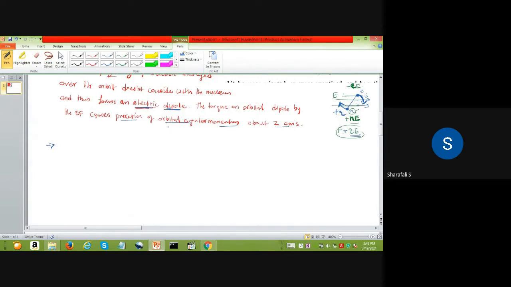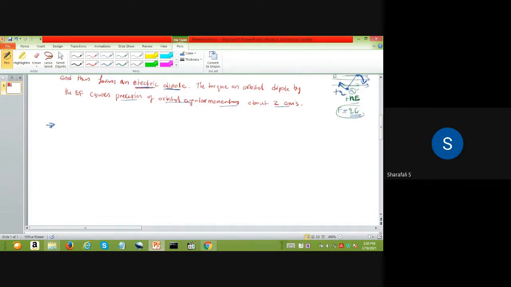The orbital angular momentum L is not a constant, hence it is not a good quantum number to measure physical quantities. But the projection of L on the electric field axis, the z-axis, that is Lz, is given by ML h-bar, and this ML value is constant for each of those orbital motions.